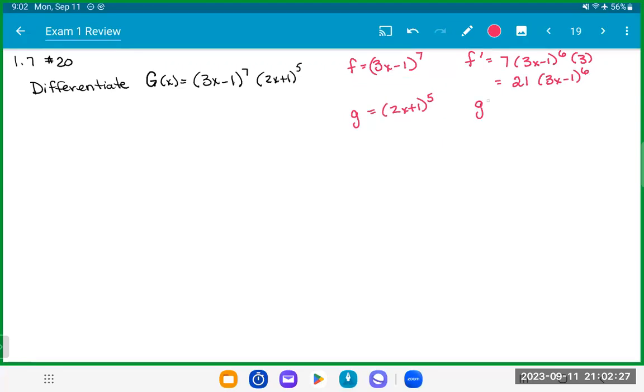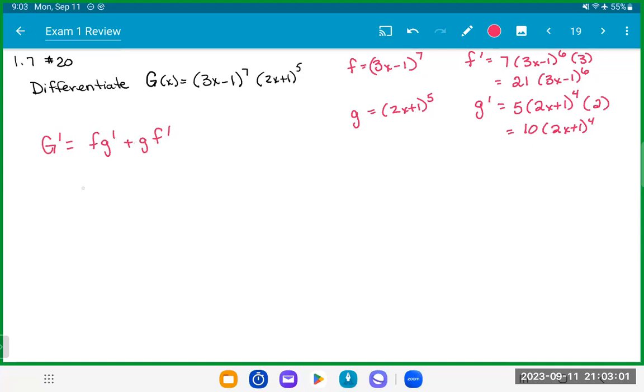Then my g prime function is going to be 5 times (2x + 1), 5 minus 1 is 4, and then the derivative of 2x + 1 is 2. I can also simplify this: 5 times 2 is 10, and (2x + 1)^4. So when I want to do this, this is the product rule: the derivative is f g prime plus g f prime.